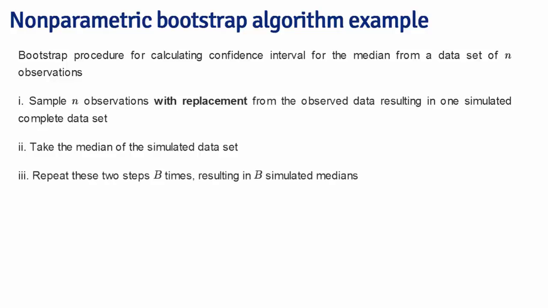Then you're going to repeat this step over and over. I say B times here, where B is the number of Bootstrap resamples. You want B to be large so that your Monte Carlo error is small. What I mean by that is, remember, if we could, we would just figure out the exact Bootstrap distribution without involving any resampling.